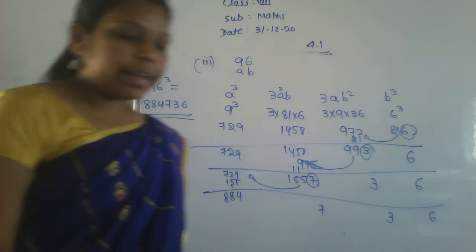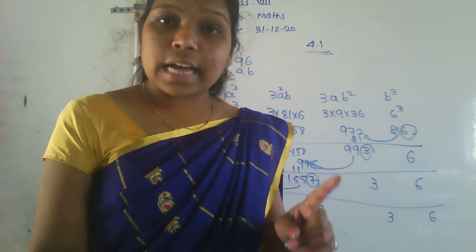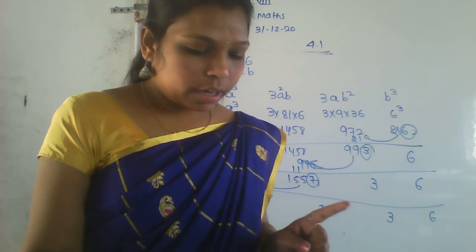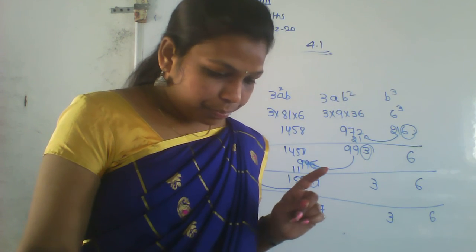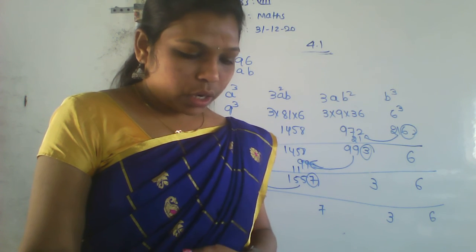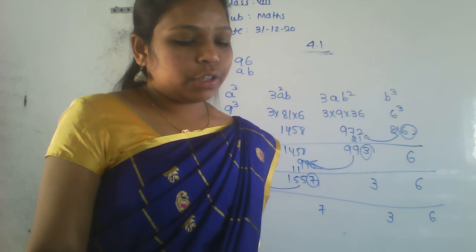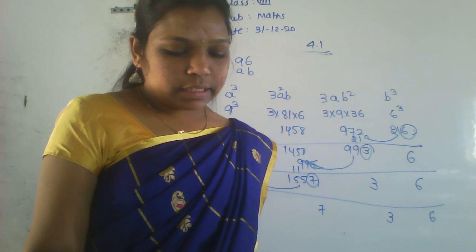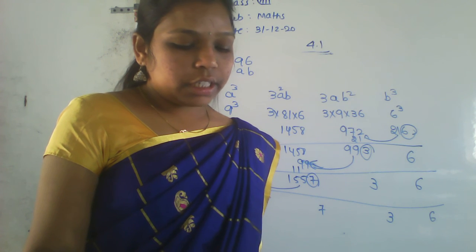Another two are there, 71 and 62. Do that one yourself. The fourth one, what did they give here? Observe the pattern first. That is 2 cube minus 1 cube is equal to 1 plus 3 into 2 into 1.